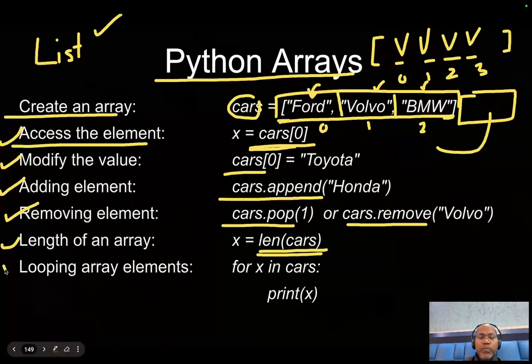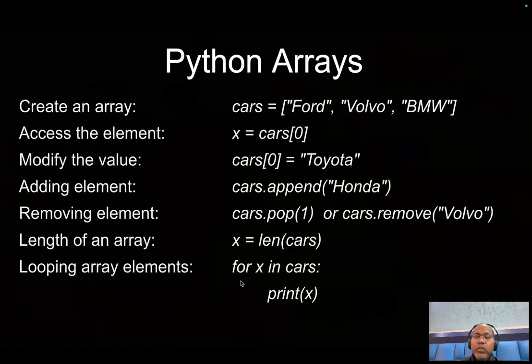If you want to loop and print all the values, you can use a for loop or while loop. So for all the operations that arrays support, in Python we use the list. Lists are used to implement the array concept in Python.